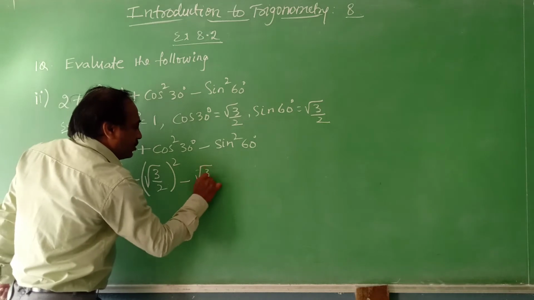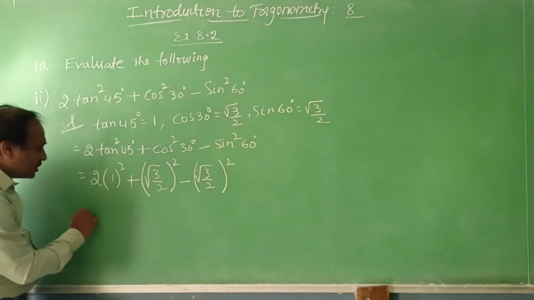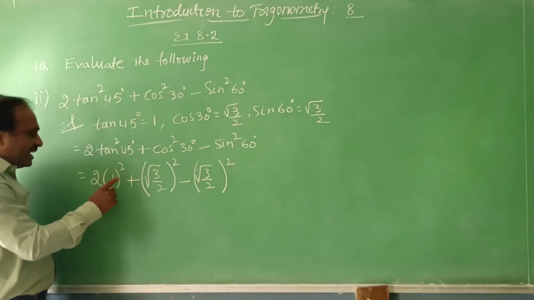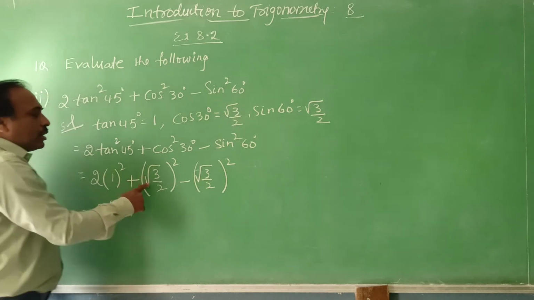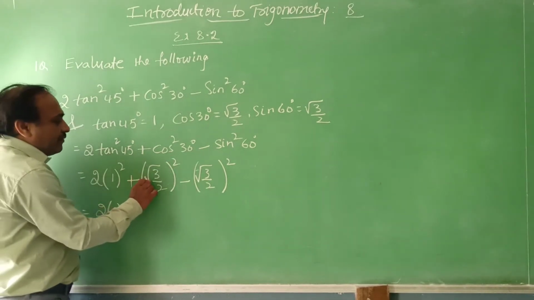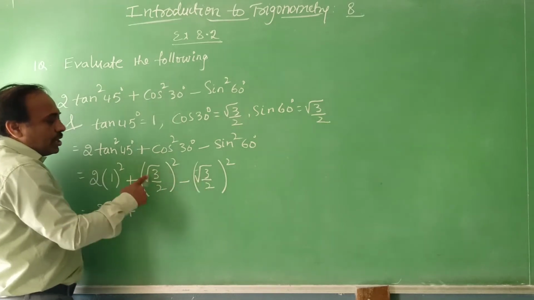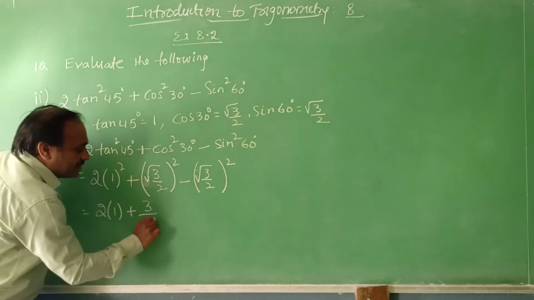So here also root 3 by 2 whole square, which is equal to 2 into 1 square, which is nothing but 1. So 2 into 1 plus root 3 by 2 whole square. The square root is only for 3, root 3, not for 2. Root 3 whole square is 3, and 2 square is 4.